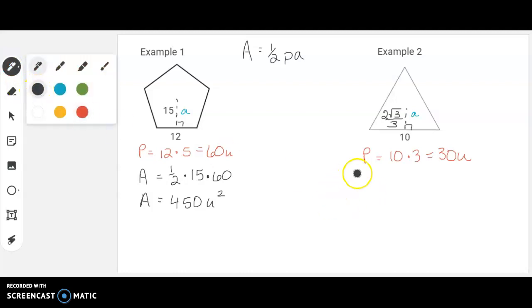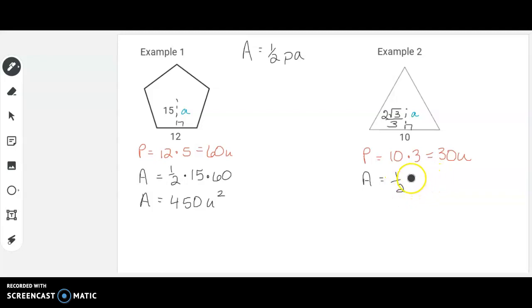Now to find our area, we're going to take 1/2 the apothem, 2 square root of 3 over 3, times our perimeter, 30. First, I see 3 goes into 30, so I simplify that and it goes down to 10. Then I see 2 goes into 10, so I simplify that and now I get a 5.